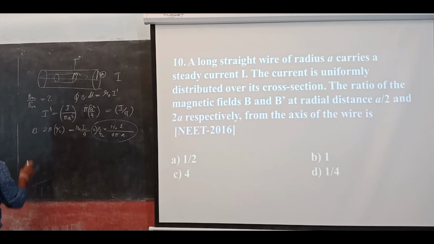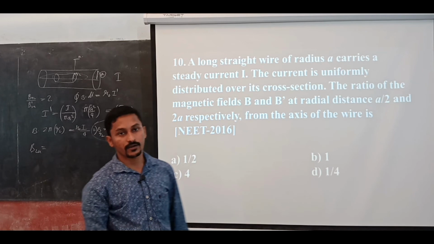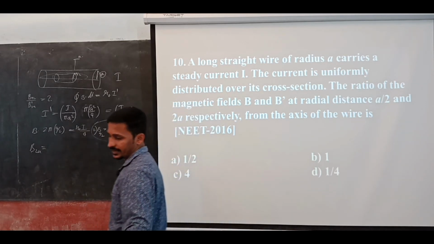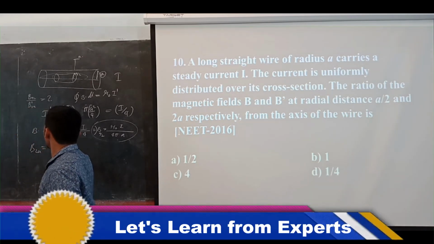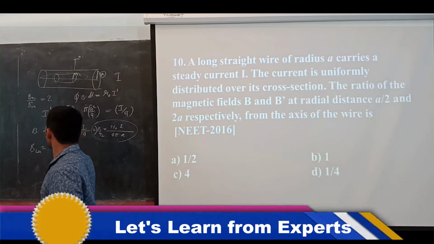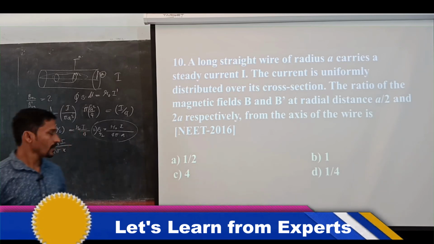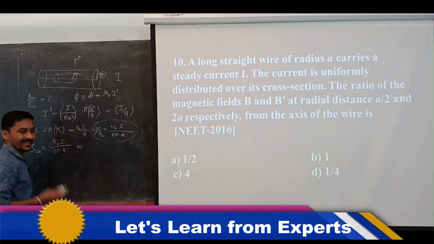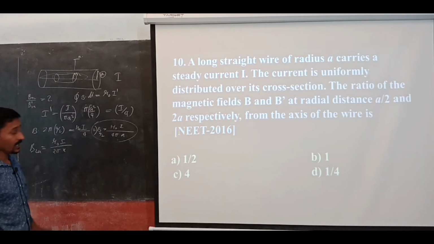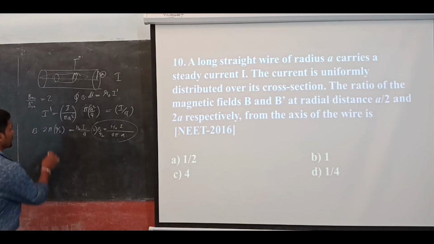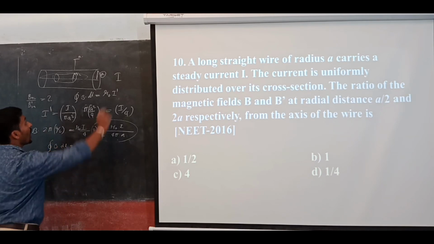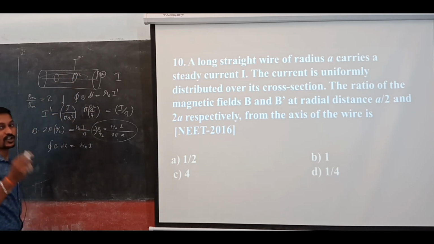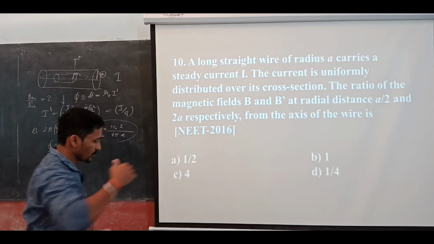Now what about for 2a? After that you have to find the ratio. For 2a, outside the wire, the direct formula is mu naught I divided by 2 pi x. Again you can make out, that is the line integral of B dl equal to mu naught into I. Outside, the enclosed current is the same, it does not increase or decrease.